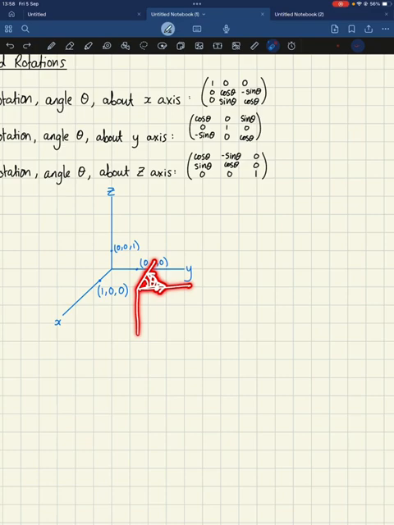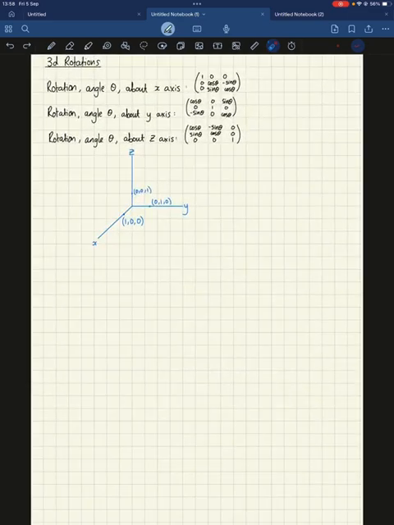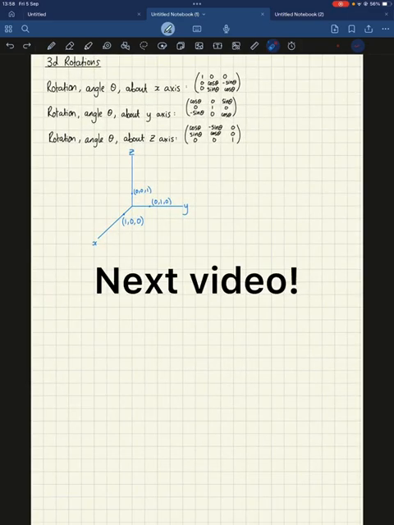So the cosine of theta will be y, and because this is positive x, that will be minus x. So minus x is sine theta, minus sine theta is x, which is over here, and then like we just said, cosine theta is y, and then same over here. So hopefully you can understand that. Now, this is the hard one.